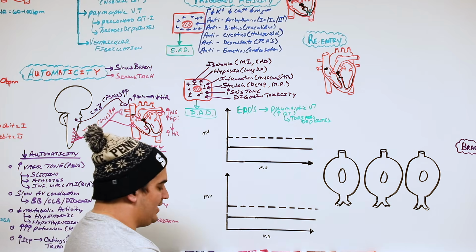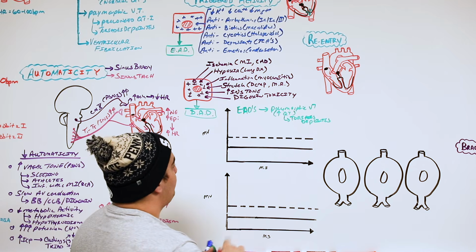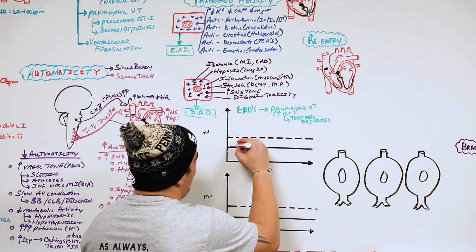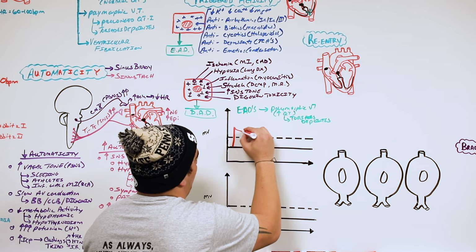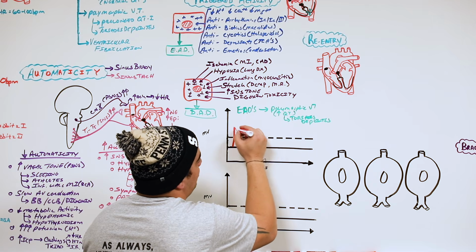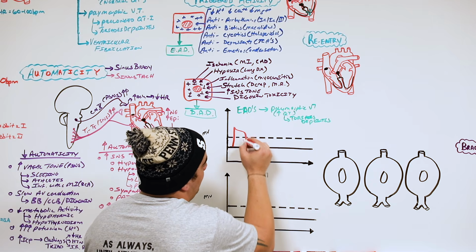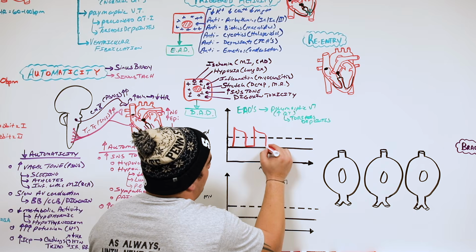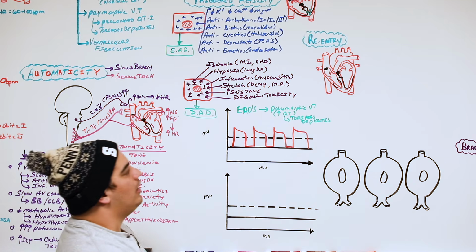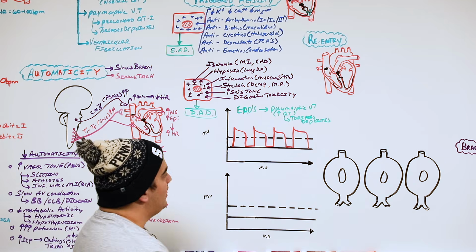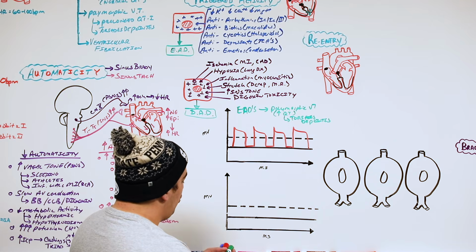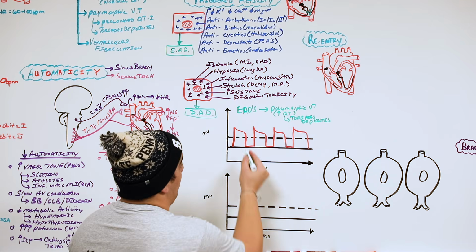So what in the heck is an EAD? Believe it or not, it's really simple, okay? Let's say you take that normal contractile myocardial cell, and when you look at this, it has this normal kind of waveform where it has a depolarization due to sodium ion influx, a plateau due to calcium influx and potassium leaving, and then a repolarization due to potassium leaving. This is kind of their normal depolarization and contractile waveform. Now, let's say that at this point here, as the cell's in its plateau phase, you agitate the living crap out of this cell.